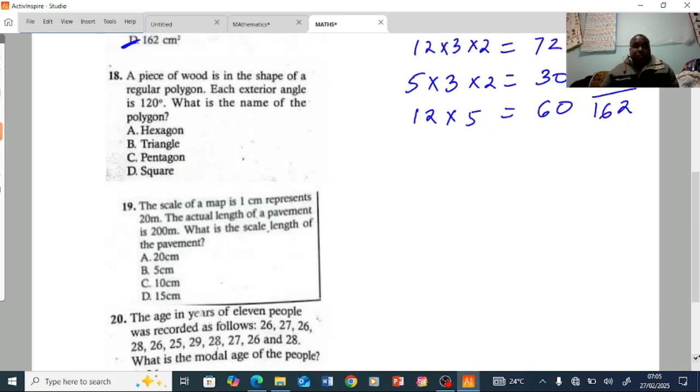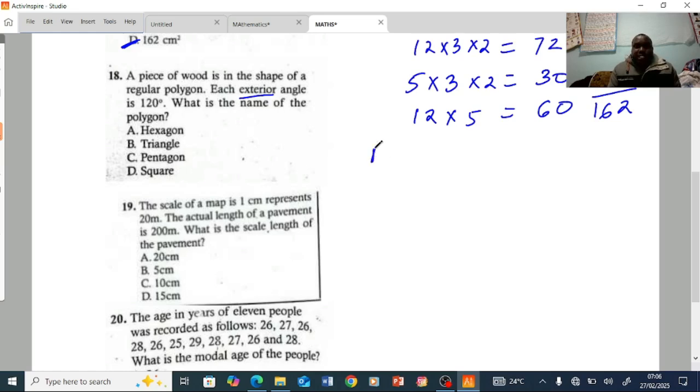A piece of wood is in the shape of a regular polygon. Each exterior angle is 120. What is the name of the polygon? So first let's get the number of sides.